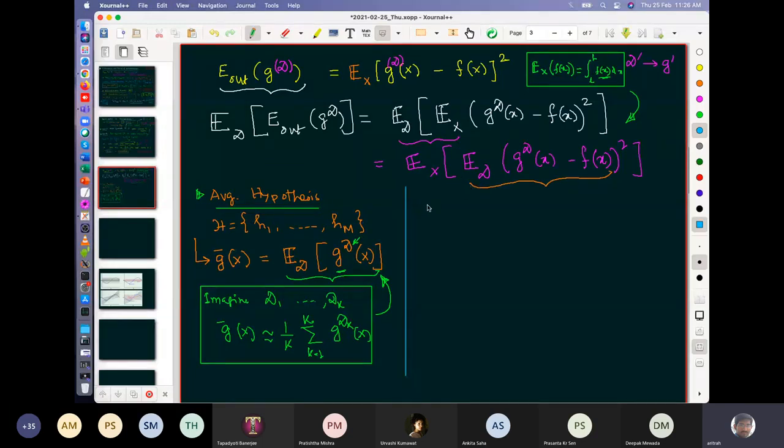Now this inside part, let me write that inside part. I am just extracting the inside part and rewriting it in this way.